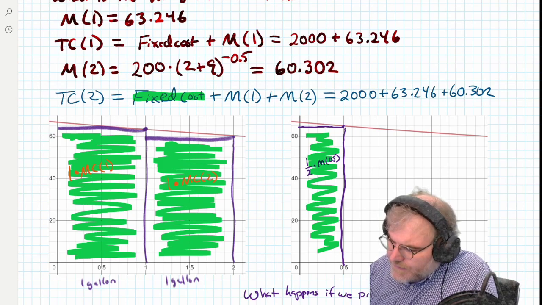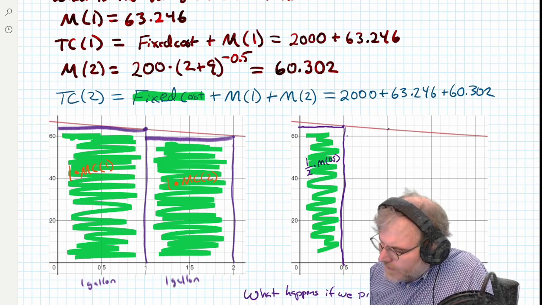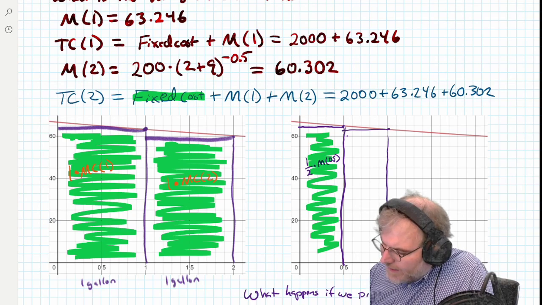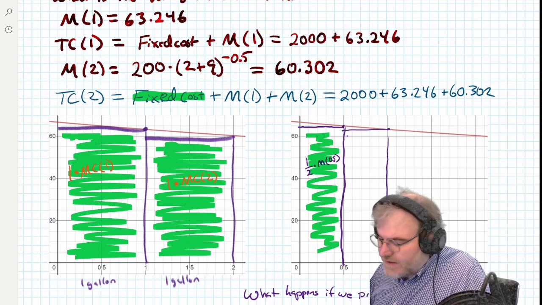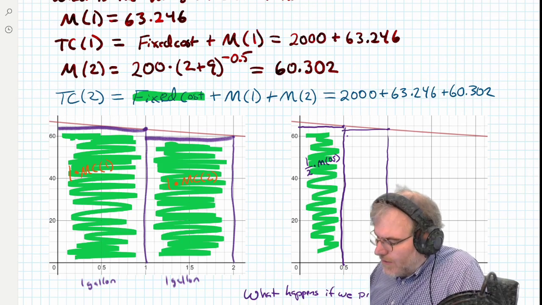Okay, the cost of producing the second half gallon is what? The second half gallon, otherwise known as 2 half gallons or a whole gallon.